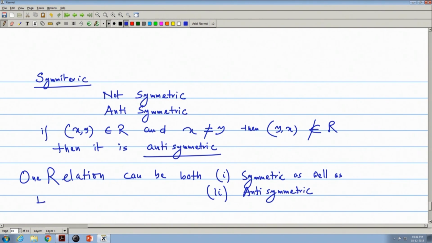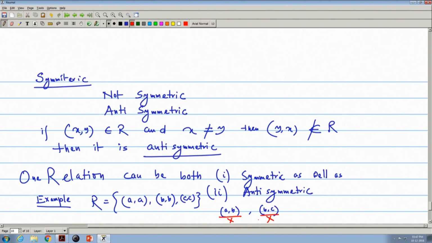The example is very simple: we give one relation, say A A, B B, C C. Obviously, this is symmetric because x x belongs to R. And since there is no pair with x not equal to y, meaning A B or B C type pairs are not in this relation, the condition is vacuously true.